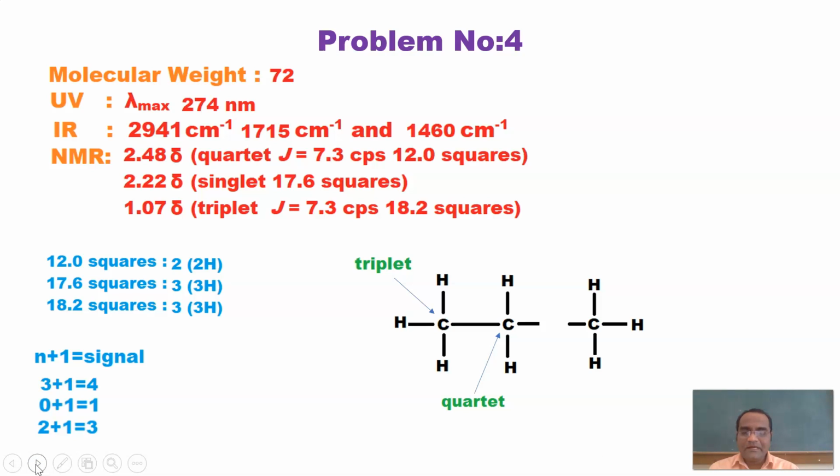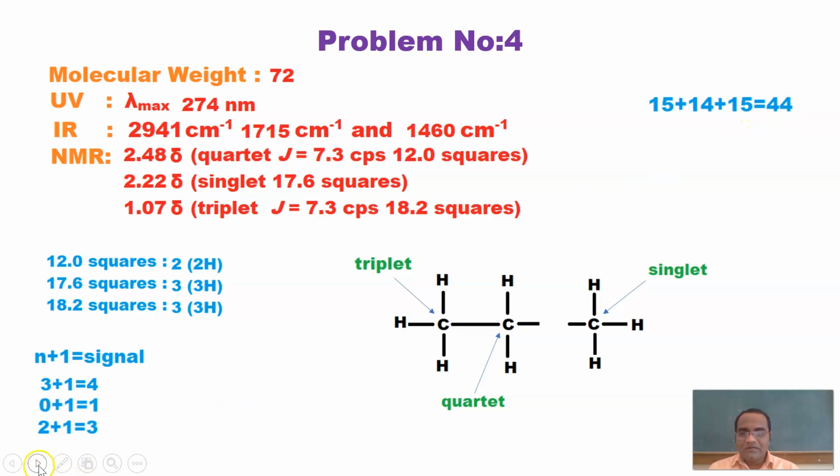After that we will calculate the molecular weight. I have written 3 hydrogens over here because, as per the squares, it has 3 hydrogens. So 15 for the first carbon, 14 for the second, and after that 15. So it becomes 44.